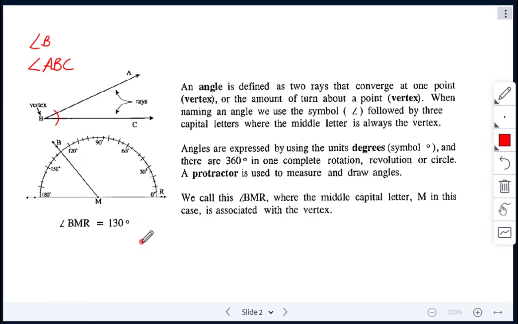In this case, we have angle BMR. If we look at the measurement on the protractor, it is at 130 degrees. Note that it's going up by 10: 10, 20, 30, 40, 50, 60, 70, 80, 90, and so on. So right here would be 130 degrees.